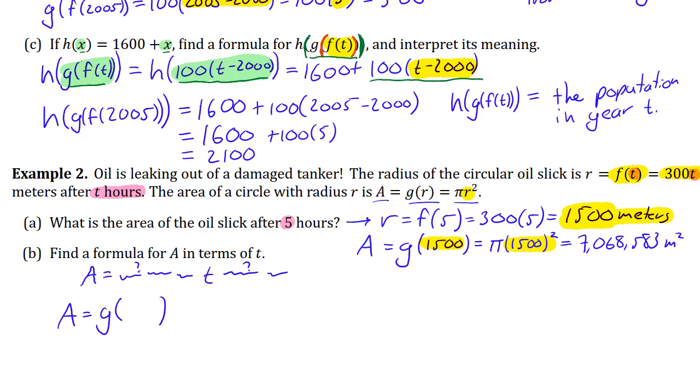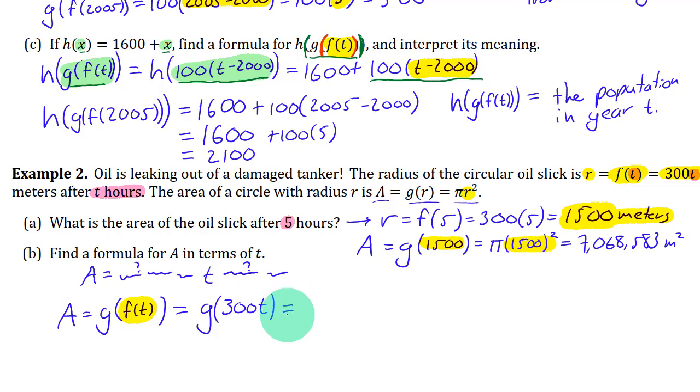So the input into this is still going to be the radius, but I'm not going to write it as just r, I'm going to write it as f of t. That's the output of the function f of t, which gives you the radius. So that is going to just be g of 300 times t.